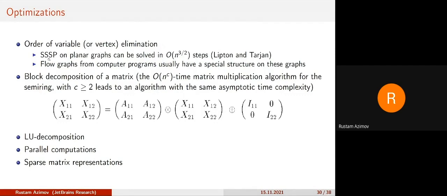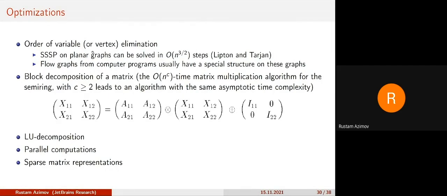For example, the single source shortest path problem on planar graphs can be solved in this complexity just by using a special ordering of the vertices to eliminate.